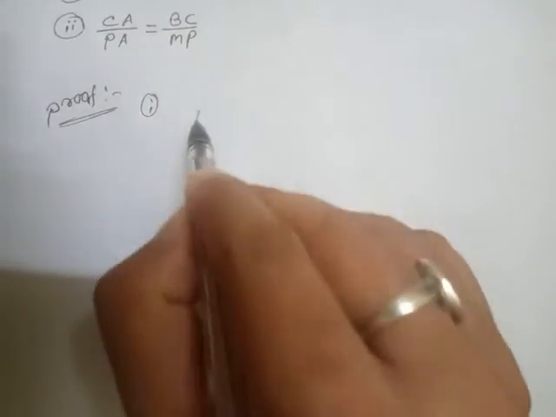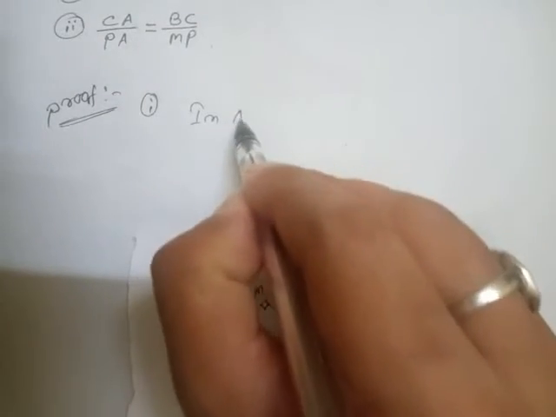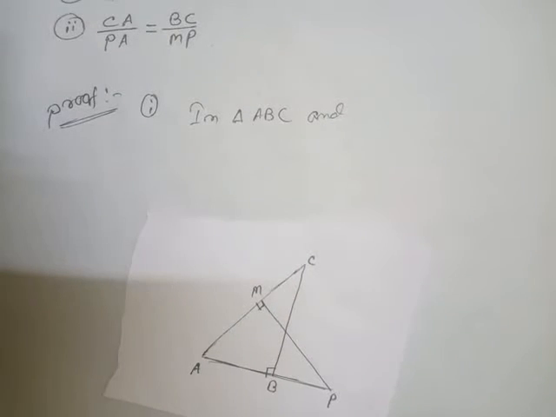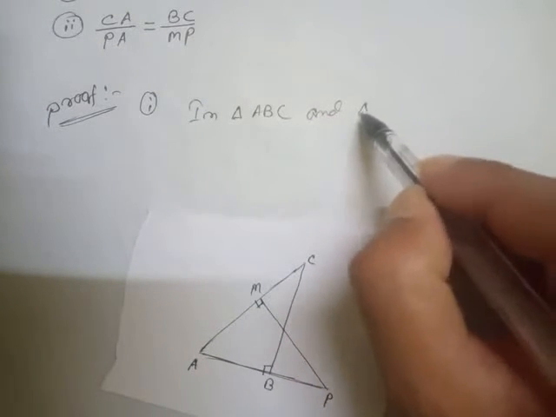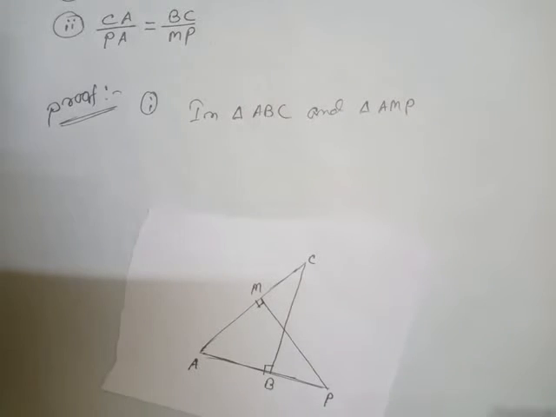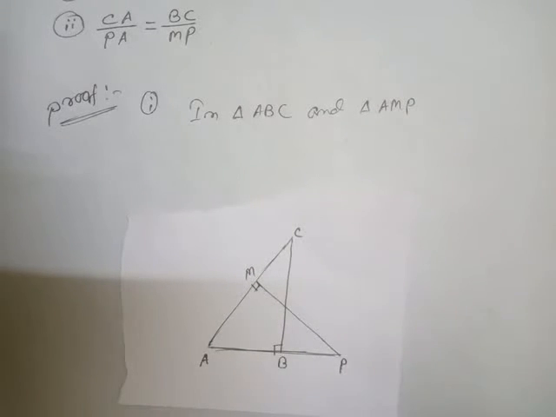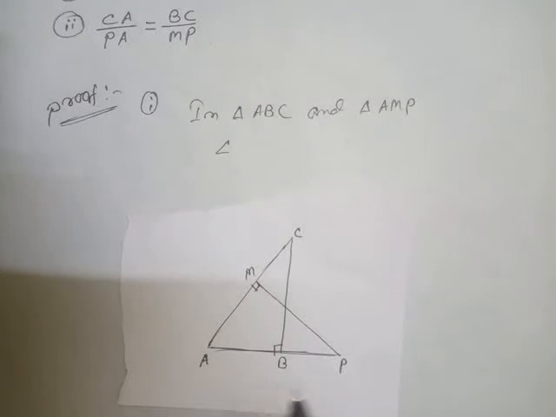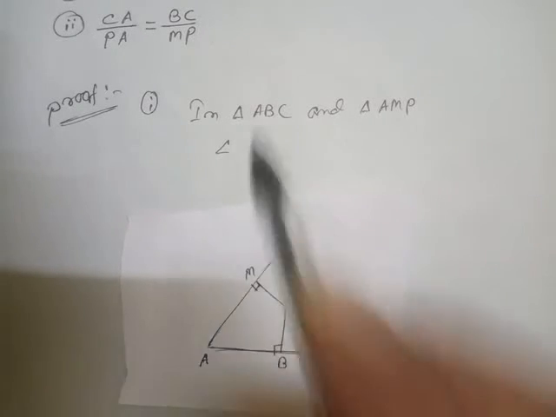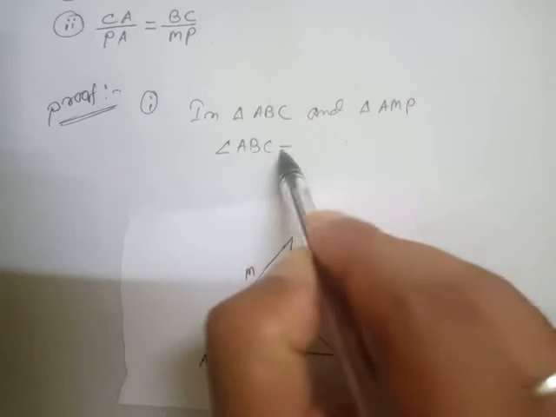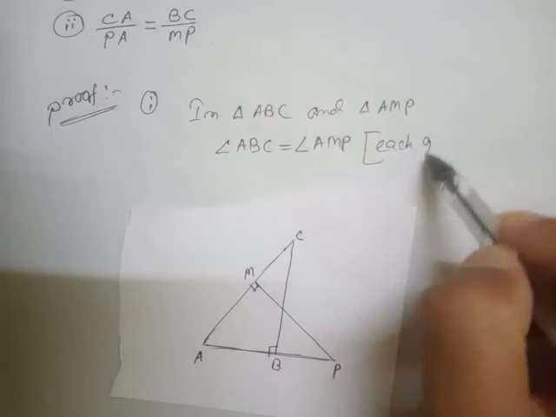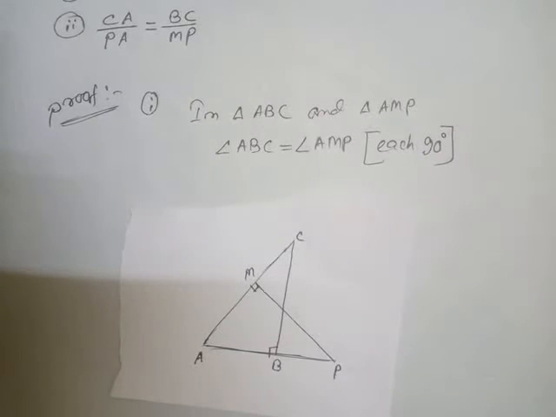In triangle ABC and triangle AMP, angle ABC and angle AMP both are 90 degrees. Angle ABC means angle B and angle AMP means these two are 90 degrees. So angle ABC equals angle AMP, we write here that each is 90 degrees, first one.